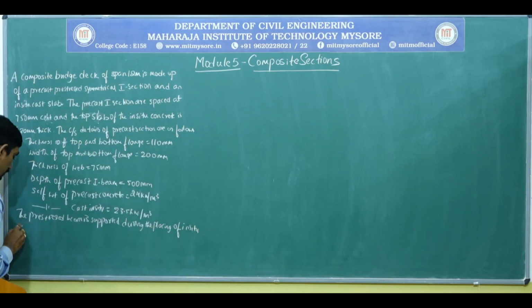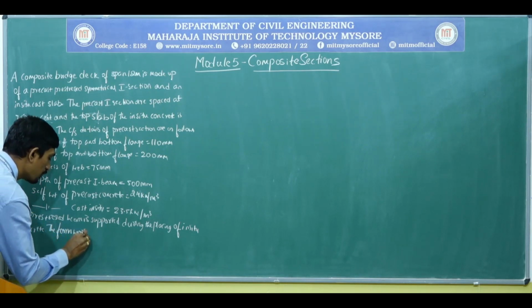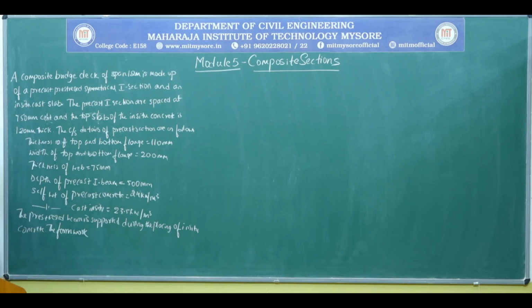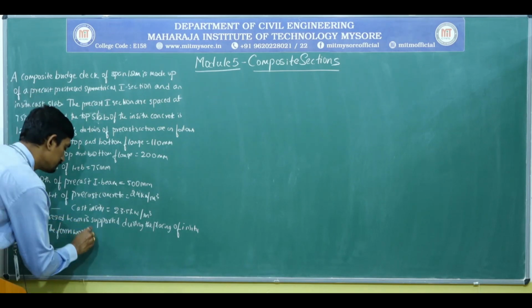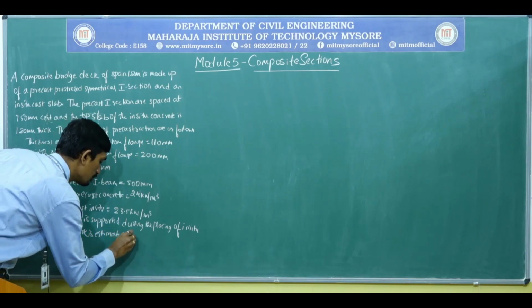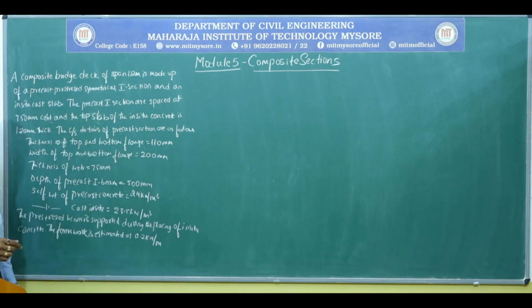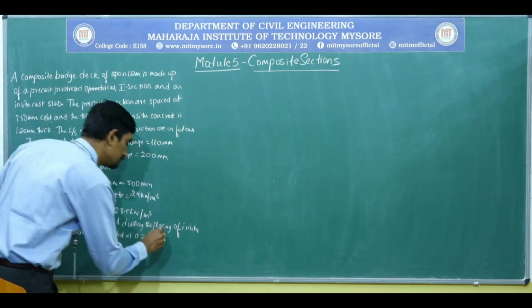The formwork which has been provided is estimated as 0.2 kilonewton per meter of the span.